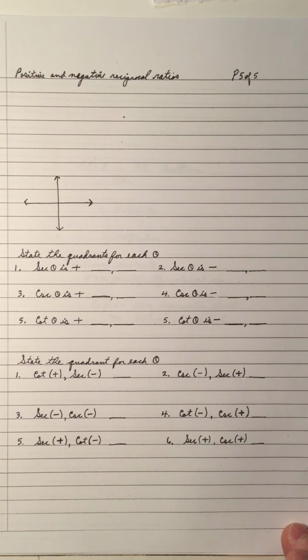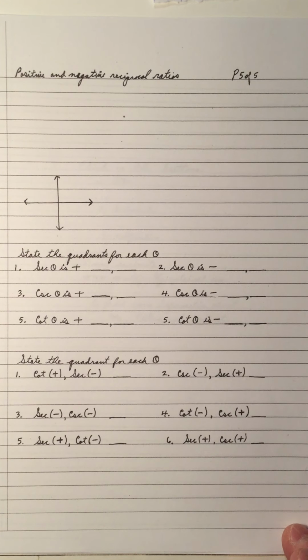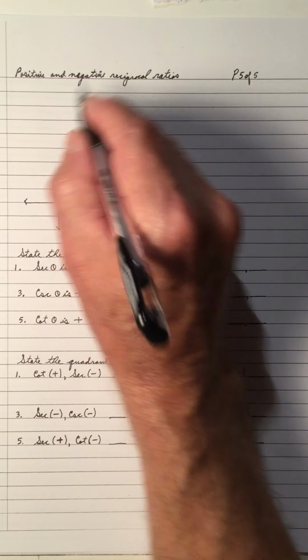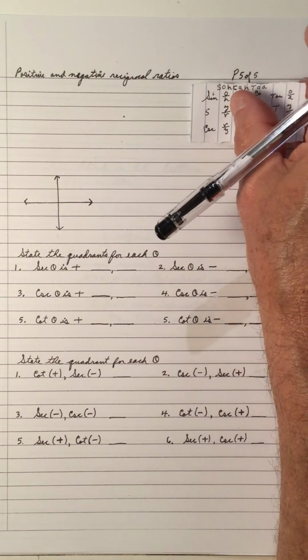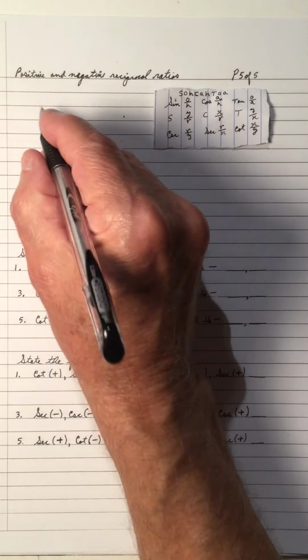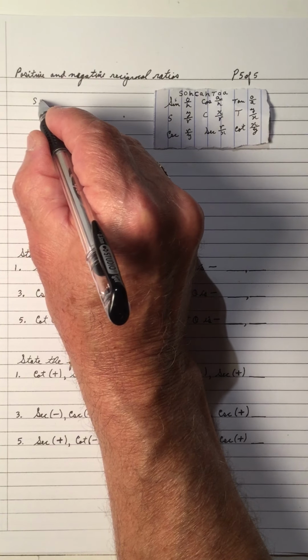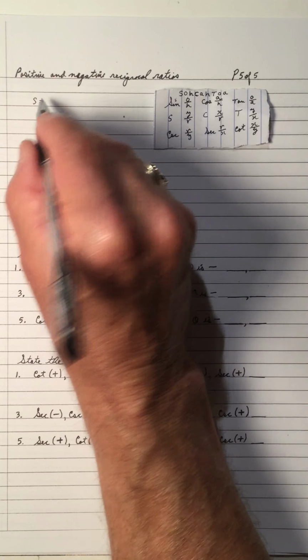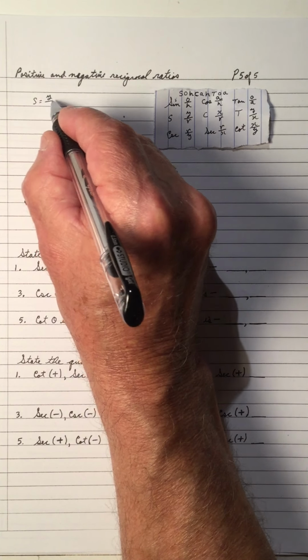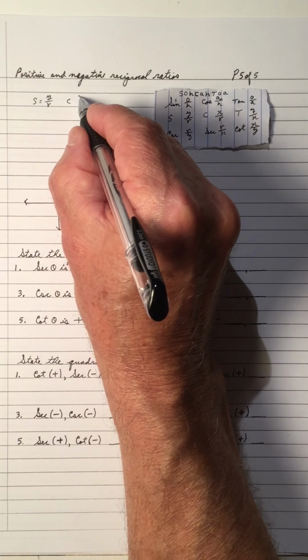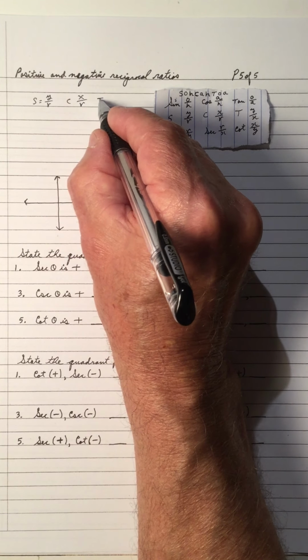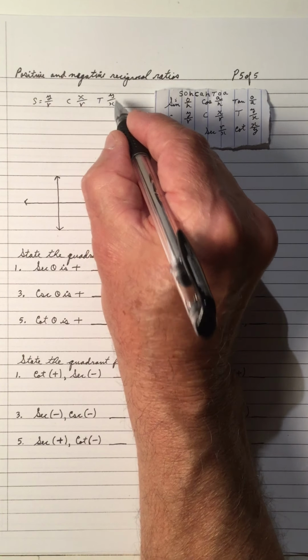What about the reciprocal ratios? So remember, we bring this down. I've got this memorized. I write it down. Sine is the y over the r, cos is the x over the r, and tan is the y over the x.